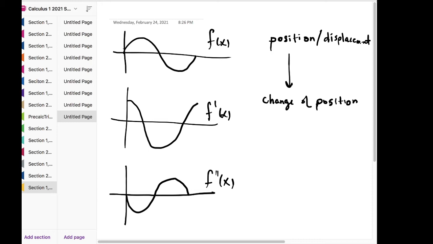Just literally, if this was your function of position, this would measure how far it is from where you started.